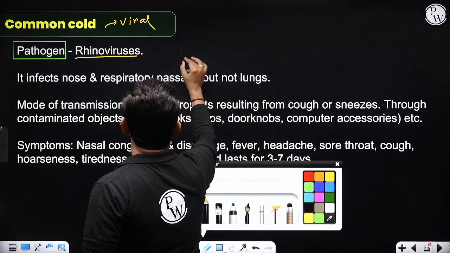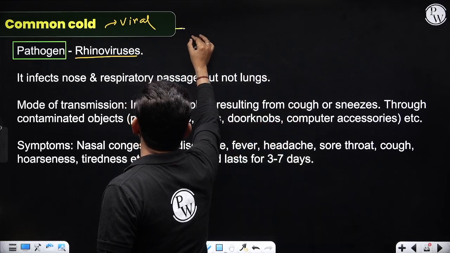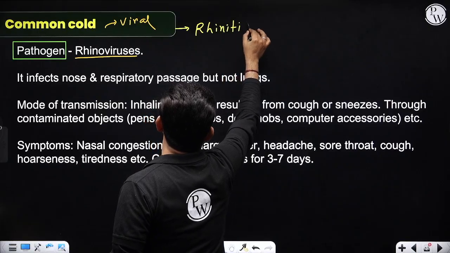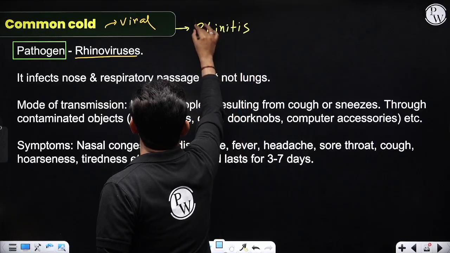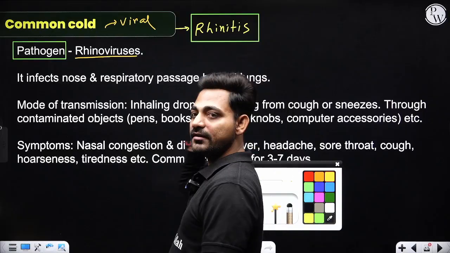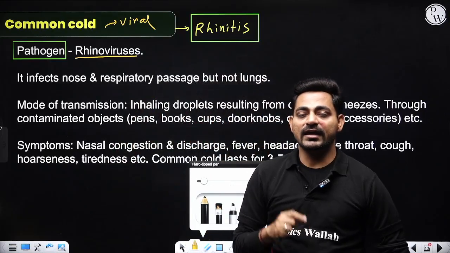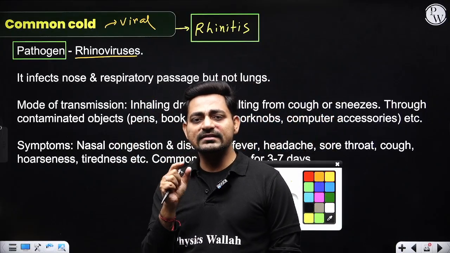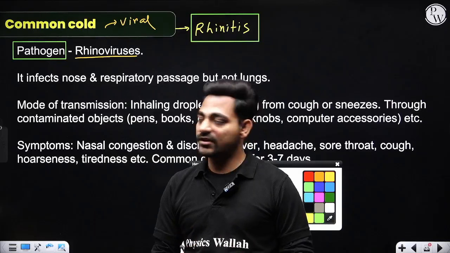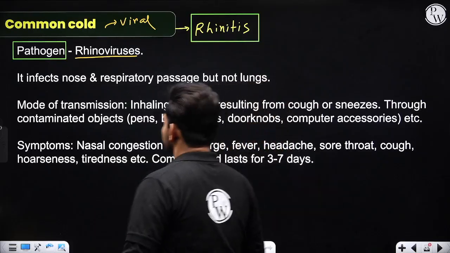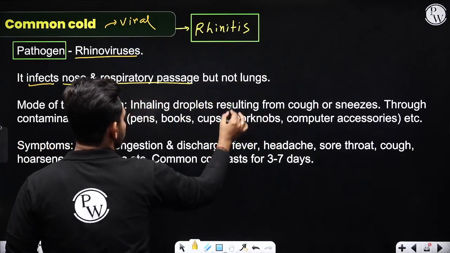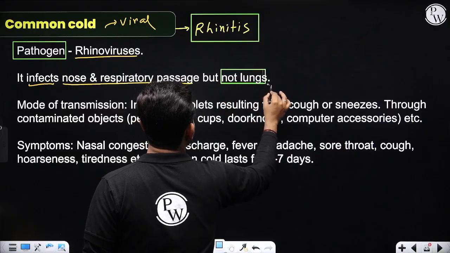So the disease is also called rhinitis, inflammation of the nose and upper respiratory tract. If the name of a disease ends with itis, that means inflammation of that particular zone. So it infects the nose and respiratory passage but not the lungs.